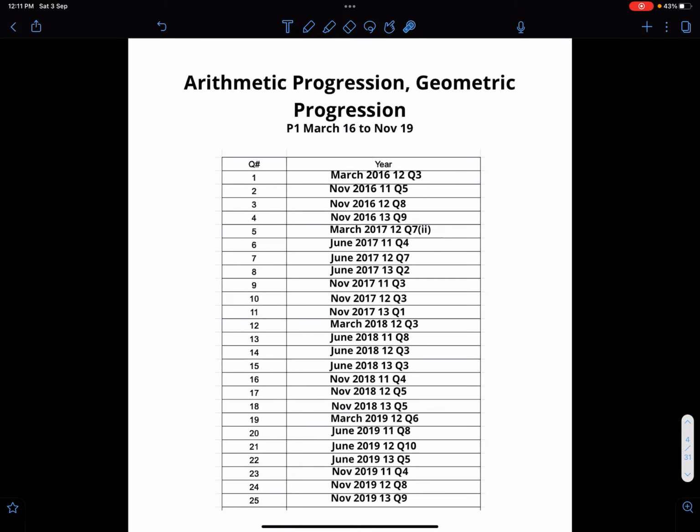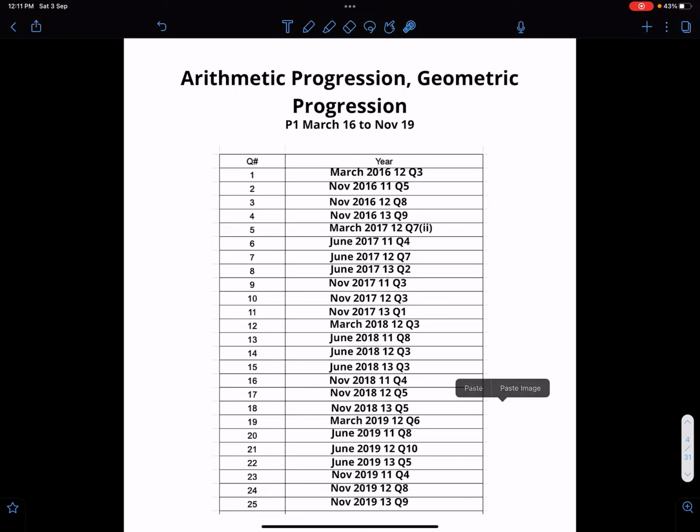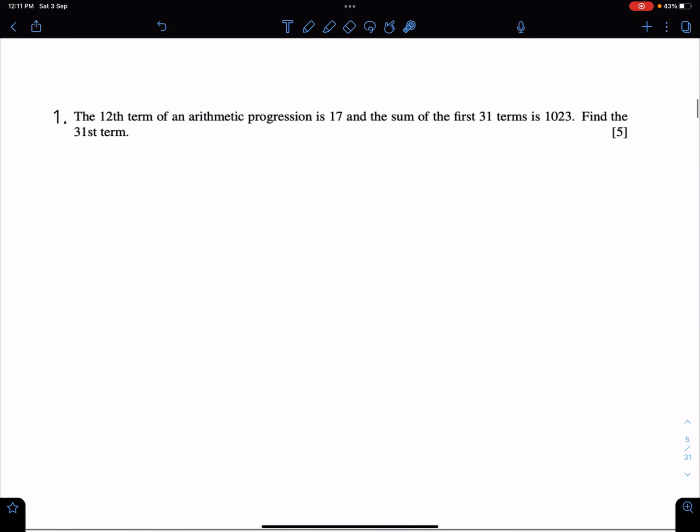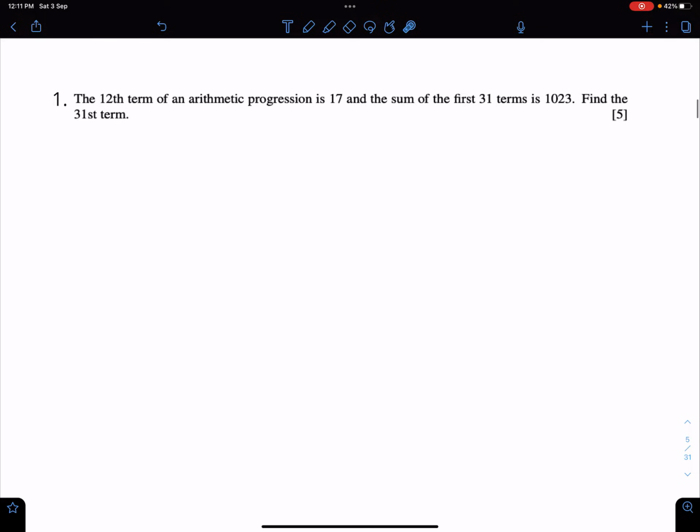This is the index of this worksheet. Question number 1. The 12th term of an AP is 17.